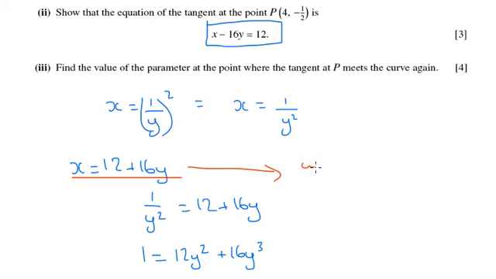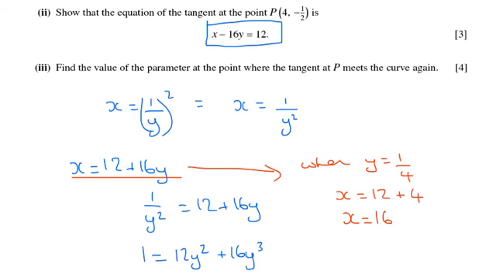And say that when y is a quarter, x is 12 plus a quarter of 16, which is 4, so x is 16. So the value of the, oh, it wants the value of the parameter. Oh, right, sorry.